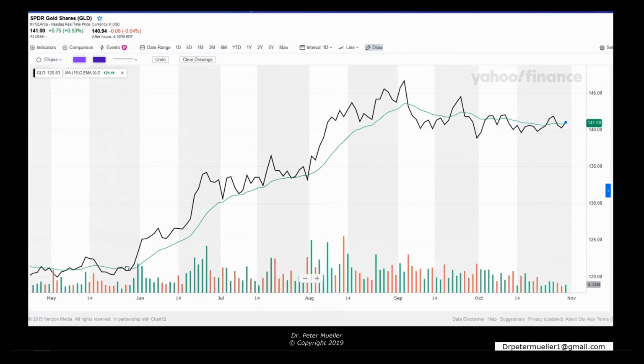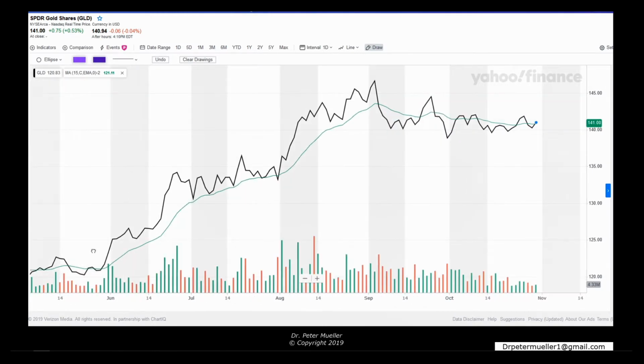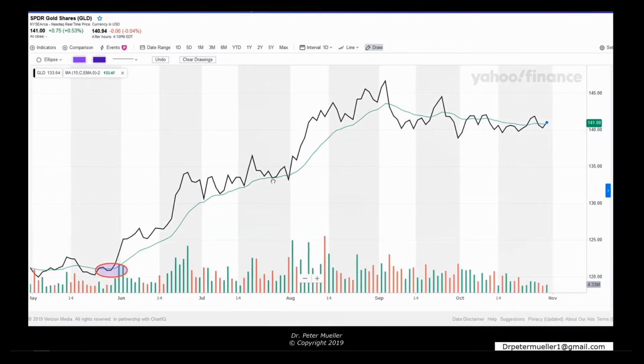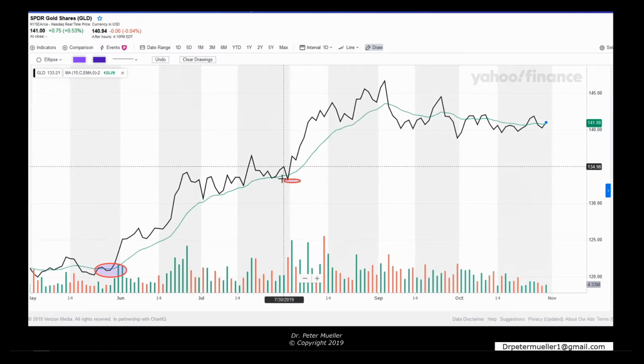Okay, this would be one point, and then when it crosses here, it comes from the top down. Here are 2 points.